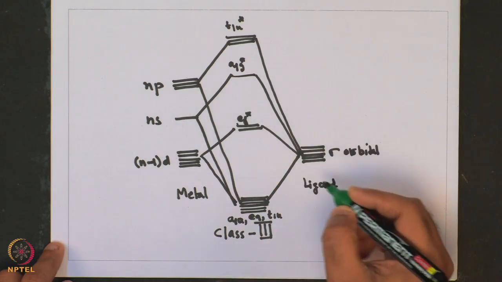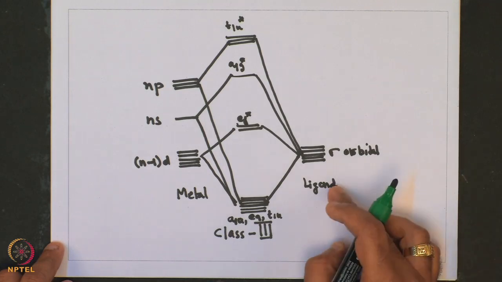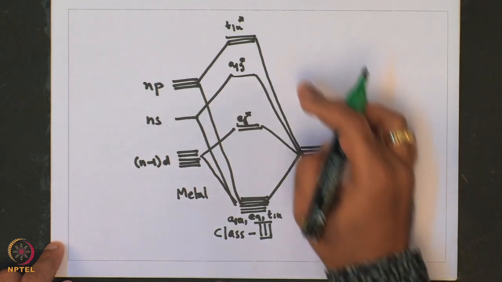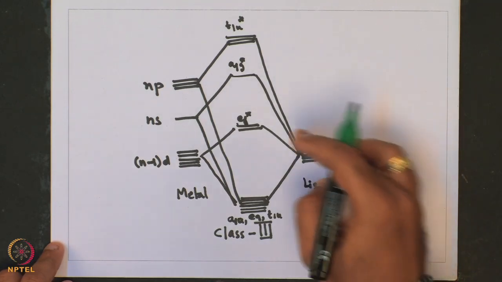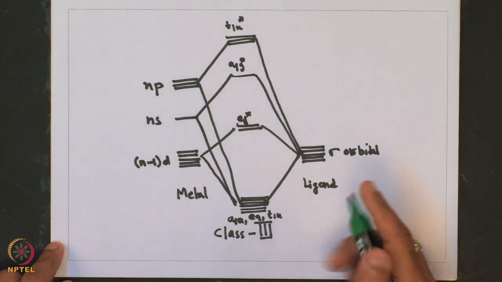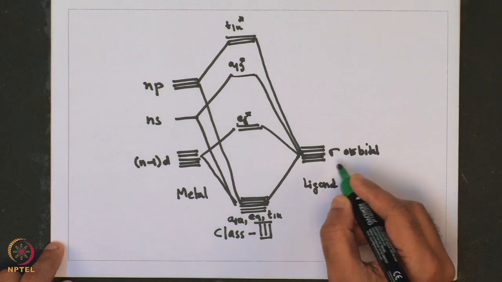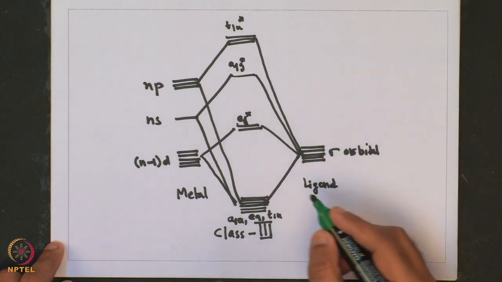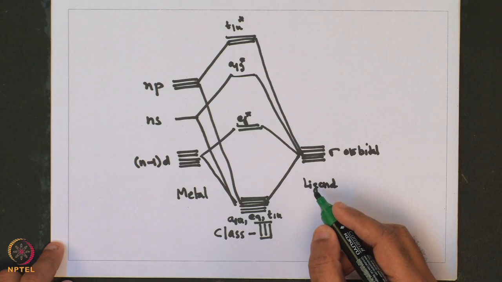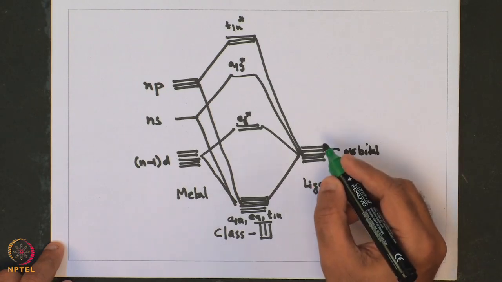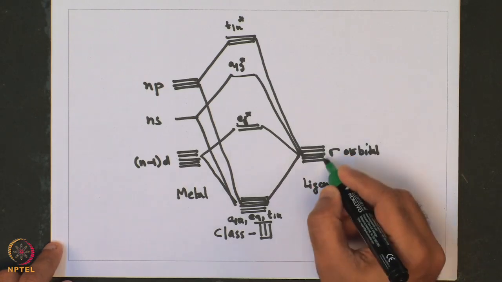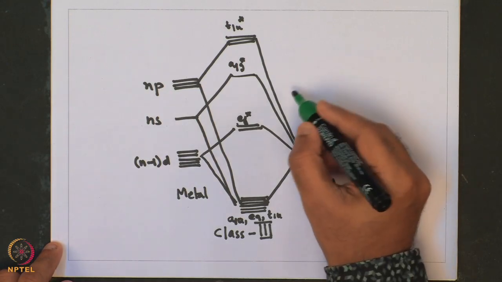To illustrate this point, in addition to the 6 ligand sigma orbitals, let us say that there are pi type orbitals which are unoccupied in the ligand, and each of the sigma orbitals is accompanied by 2 pi type orbitals, resulting in 12 pi type orbitals over here.